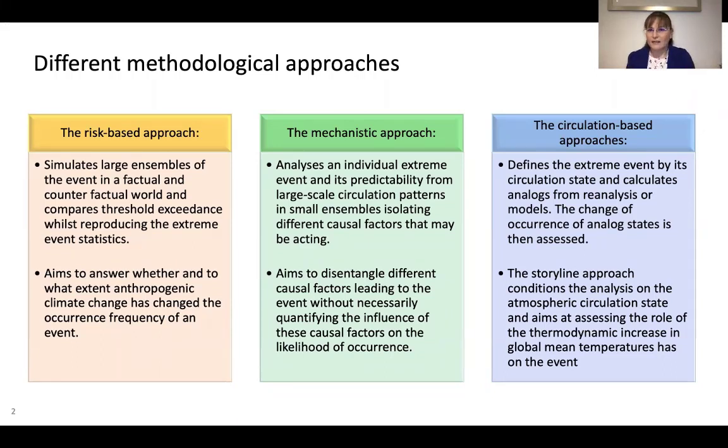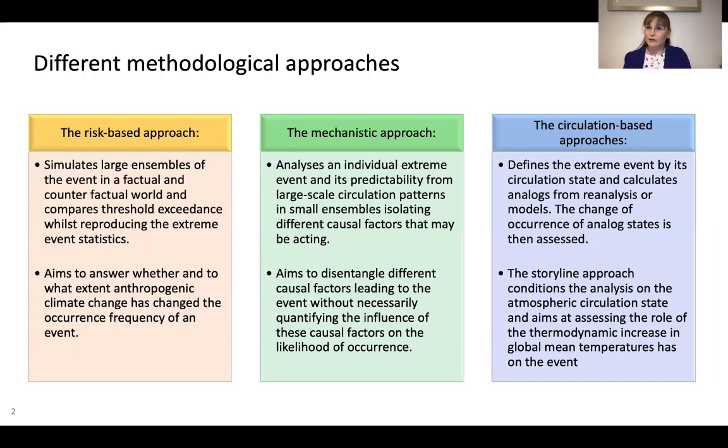Then we have mechanistic approaches, and these really analyze the details around a particular extreme event. Some people refer to these more as extreme event autopsies. This is where we're really trying to look at the extreme event in terms of its predictability and the large-scale circulation patterns that are acting, and determine what the different causal factors may be that cause that extreme event to occur in the first place.